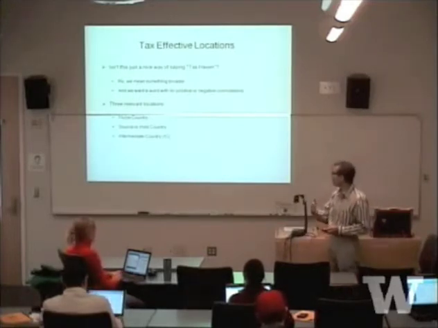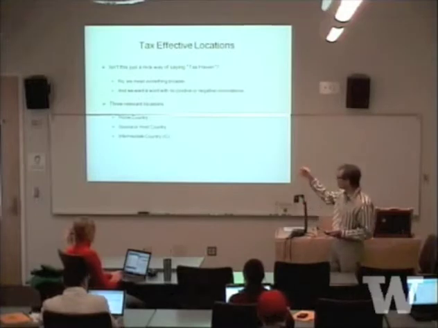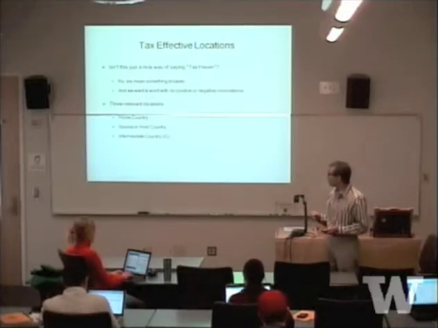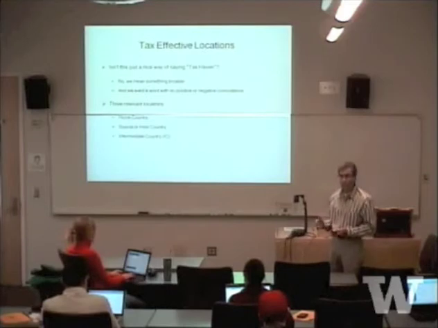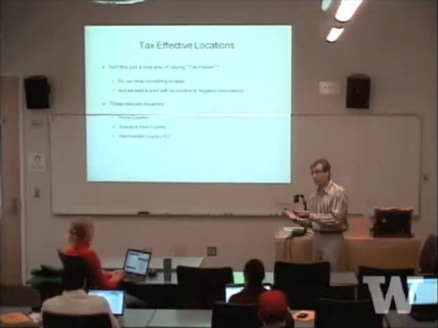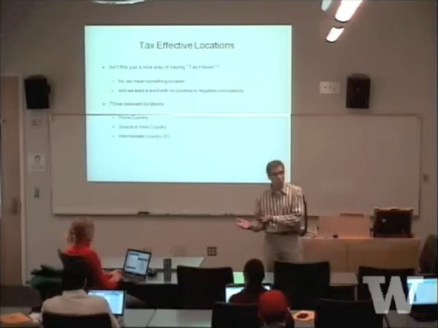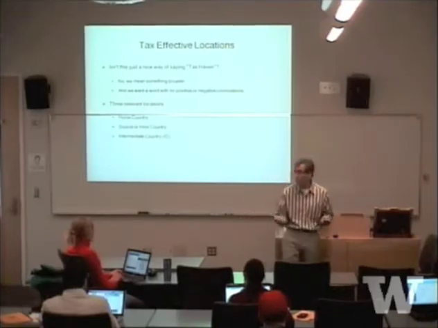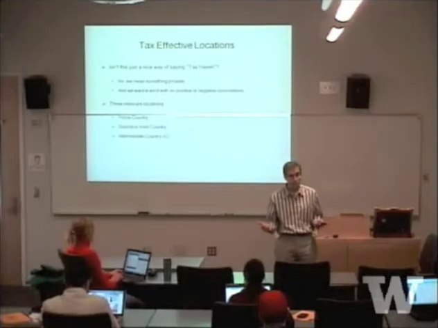Structurally, we're going to talk about this first with regard to the tax-effective location being the home country. Secondly, what if it's not the home country, but the source country or host country where some business activities take place?